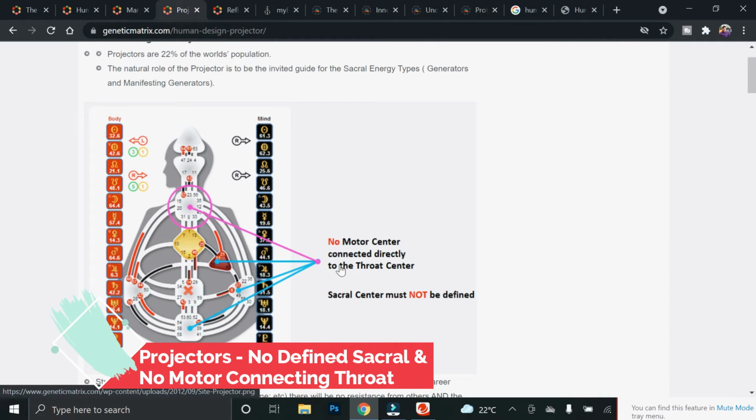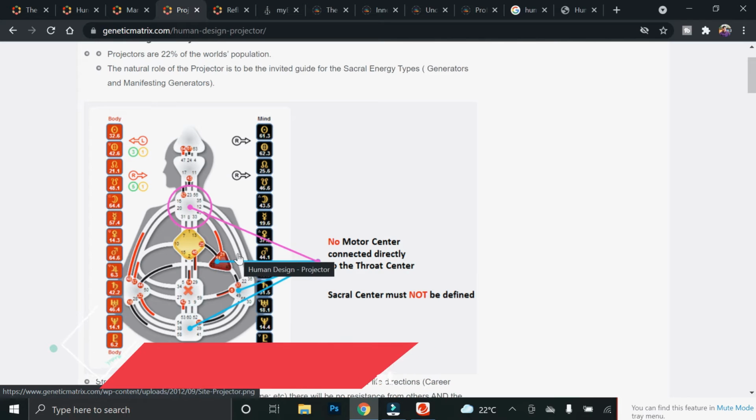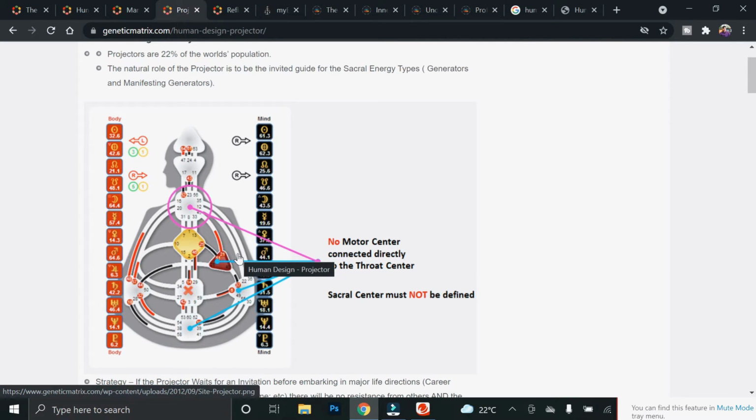So no motor centers are directly connected to the throat, and the sacral is also not defined. This means they are the class of projectors. To summarize, the two distinguishing characteristics of a projector just by looking at the body graph are, number one, they have no defined sacral, and number two, they do not have any of these motor centers connected to the throat center.